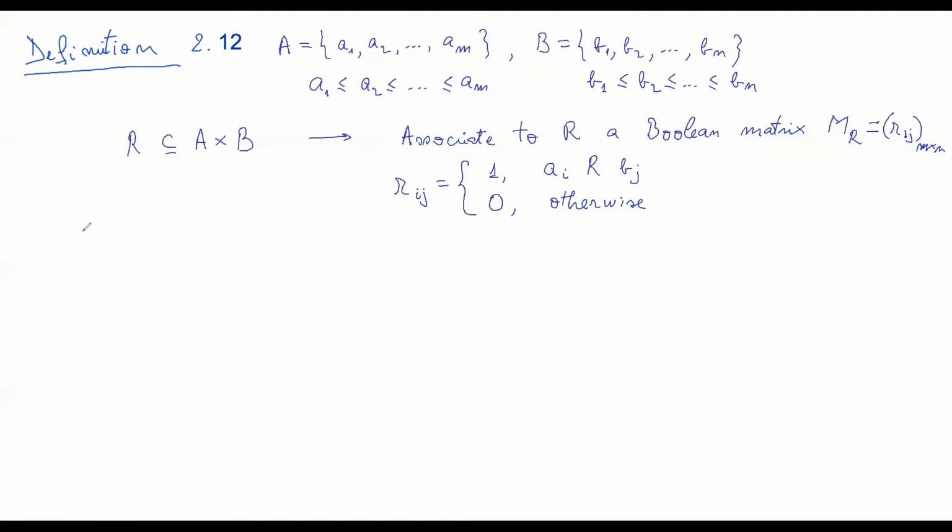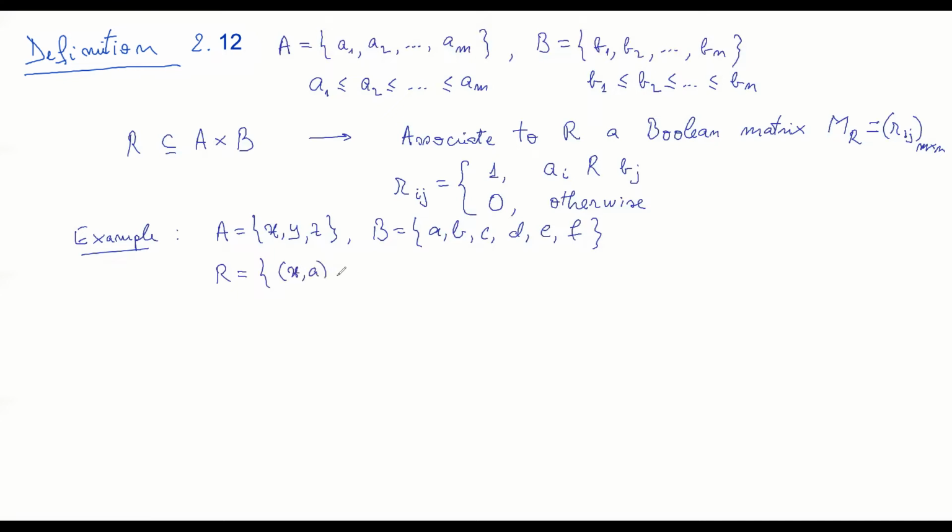So just to give you an example of how this goes. If I have set A to be, for example, X, Y, Z, and I have set B to be, for example, A, B, C, D, E, and F. And for example, I can have the relation R to be these pairs: XA, YC, YF, and ZE.